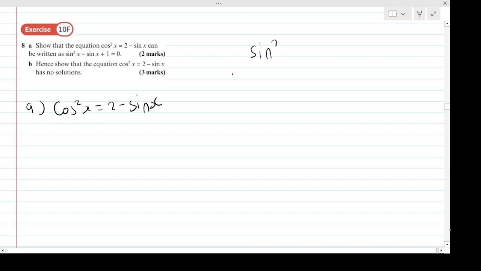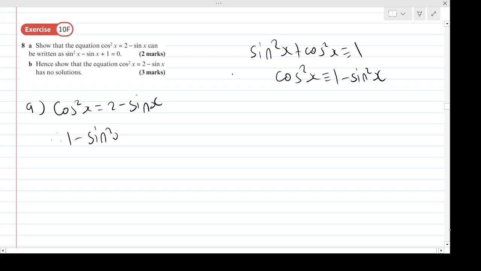So hopefully that's ringing the alarm bells again. We need the identity sine squared plus cos squared is 1. Well, I can get cos to sine by rearranging. So then cos squared would be 1 minus sine squared. And then I can substitute that into here, right? So then I can say that therefore 1 minus sine squared x instead would be 2 minus sine x. And then we can rearrange, right?